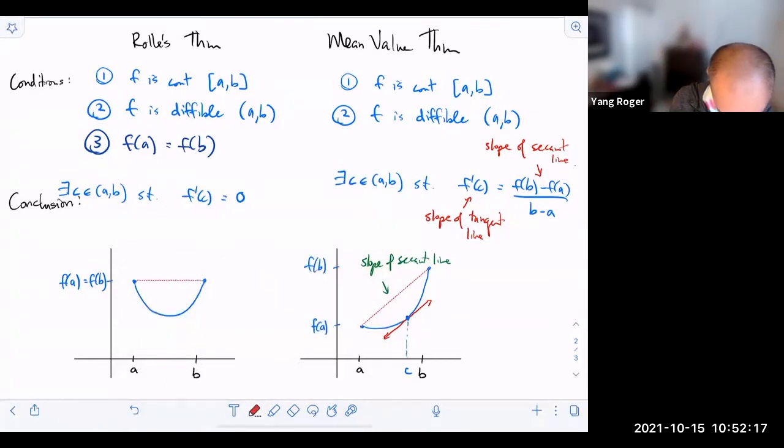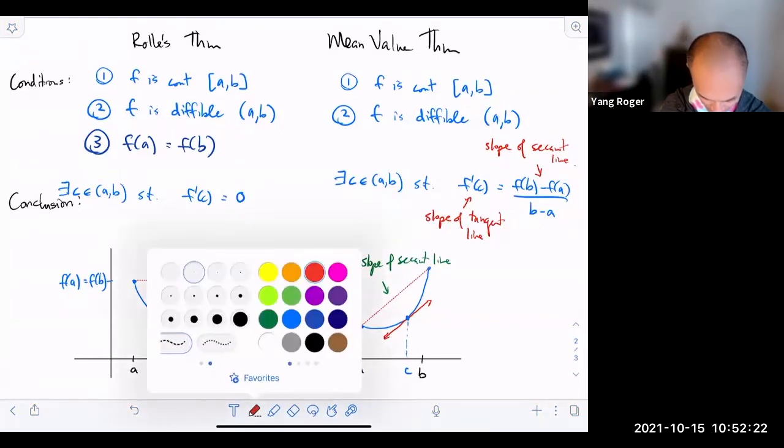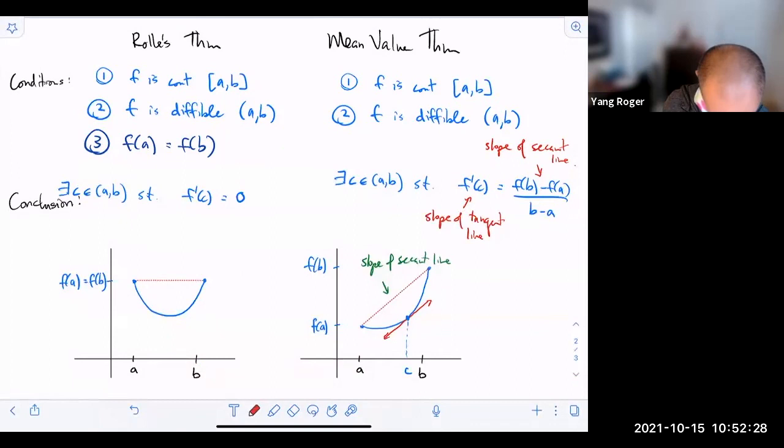This is the slope of the secant line. That slope is zero, and there's some point in between where the tangent line slope is also zero. That's not a great drawing, but you get the idea.